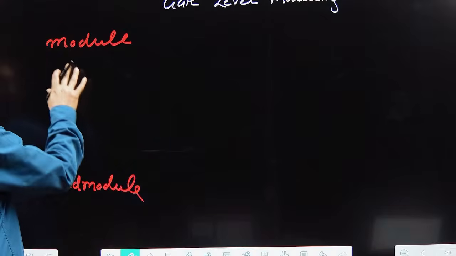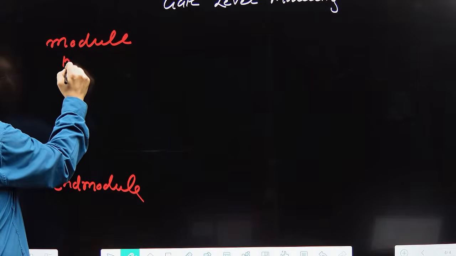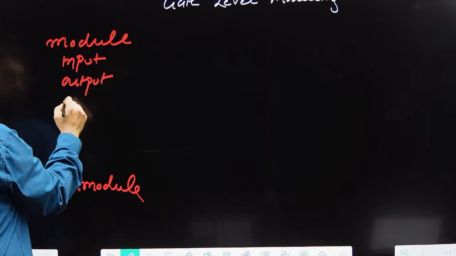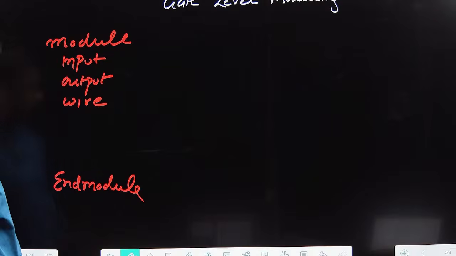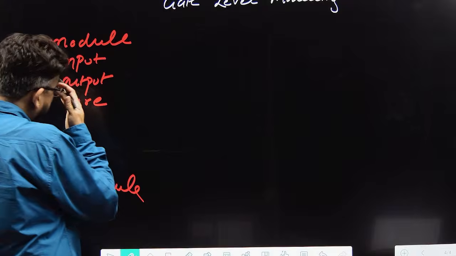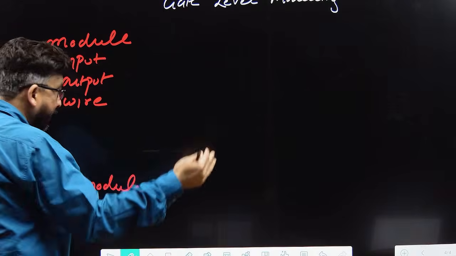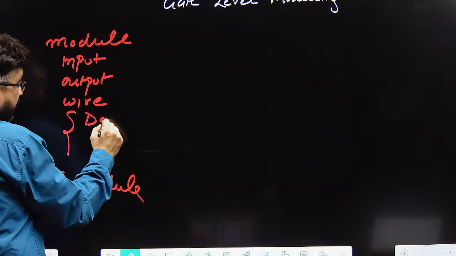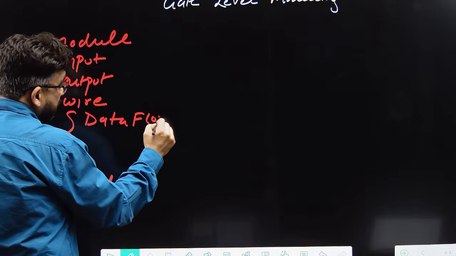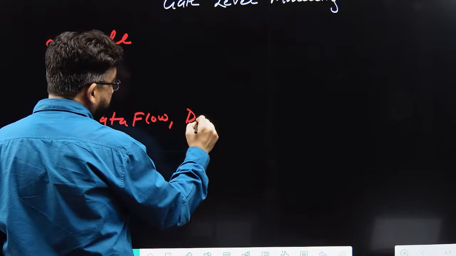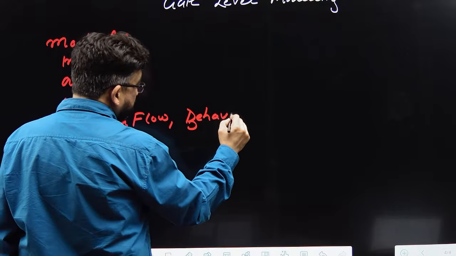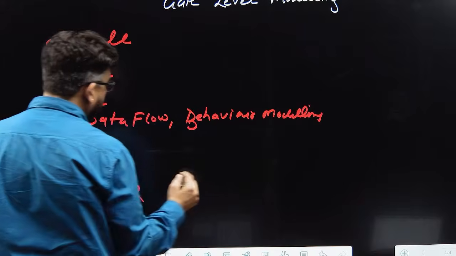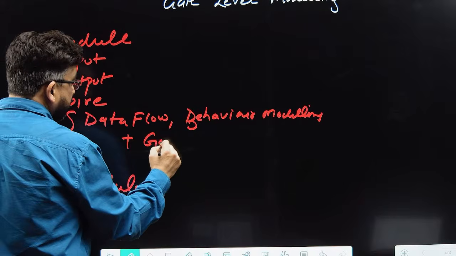You have to define your inputs, your outputs, your wire information, and all the basic syntax required for data flow modeling, behavior modeling, or gate level modeling.